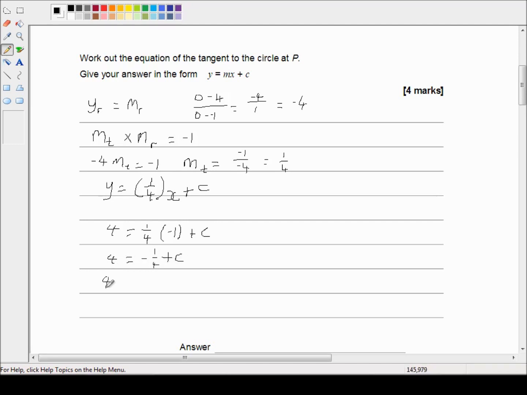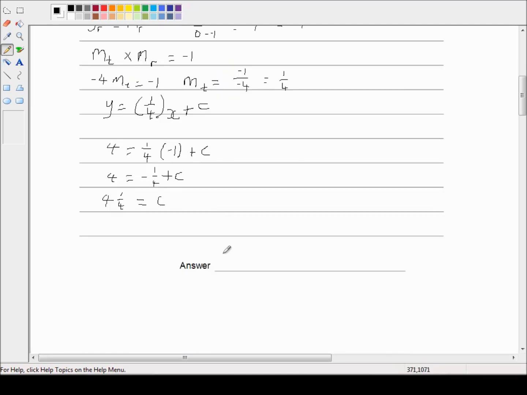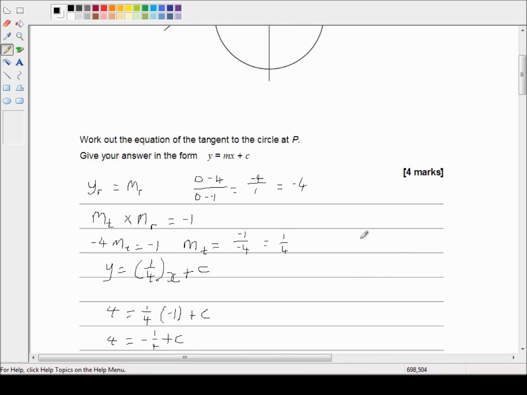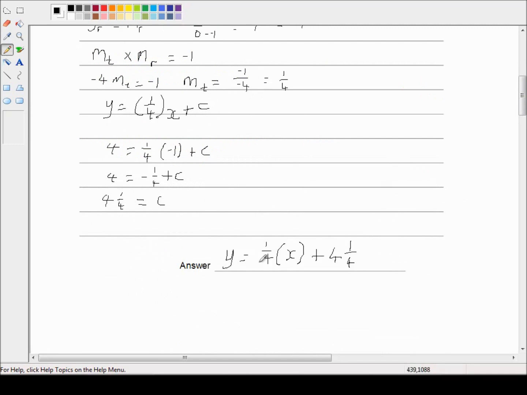So 4 and 1/4 is equal to c. And now we have our full equation of our line. So y is equal to 1/4 times x plus 4 and 1/4. And that's all we need to do for our full 4 marks.